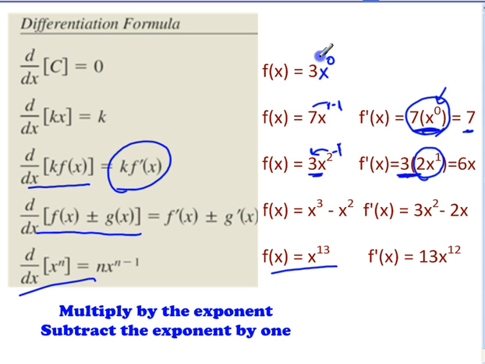So do your power rule. 0 times 3 is 0 times x to the negative first power. Well, 0 times anything gives you 0. So your final answer is just 0. The reason why all constants end up being 0 is because you're multiplying by x to the 0 power, and when you apply the power rule, that basically wipes everything out.